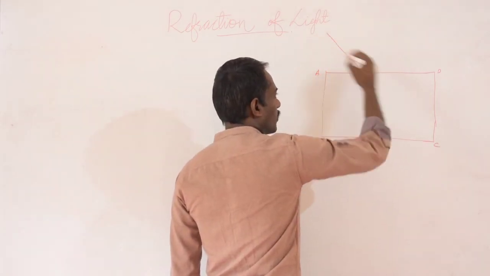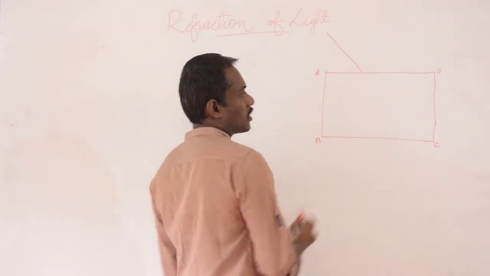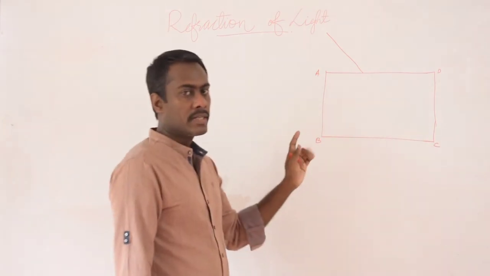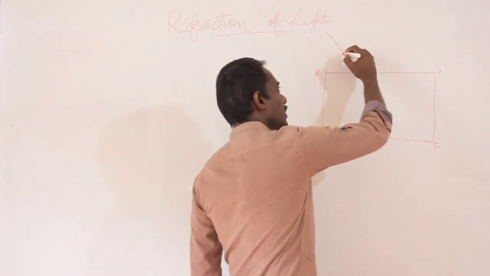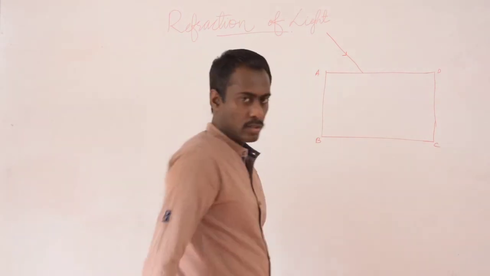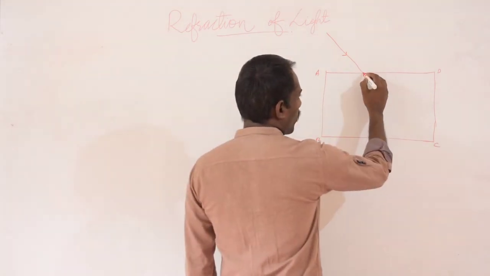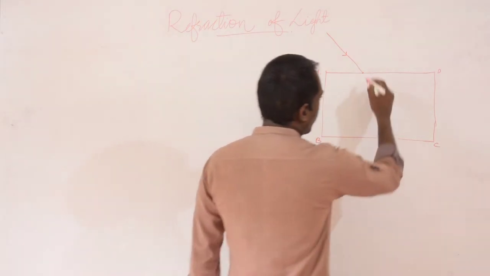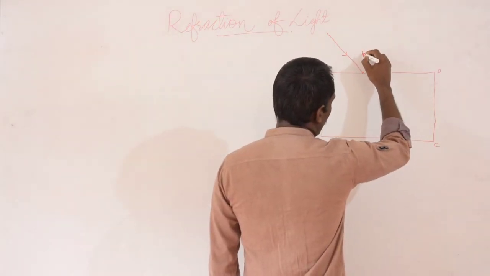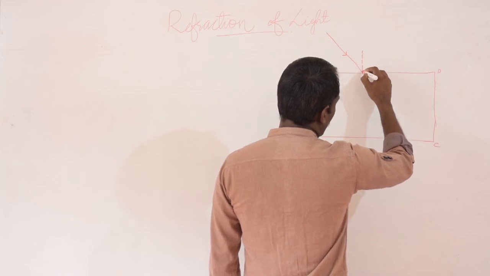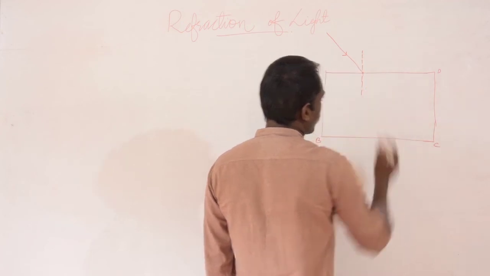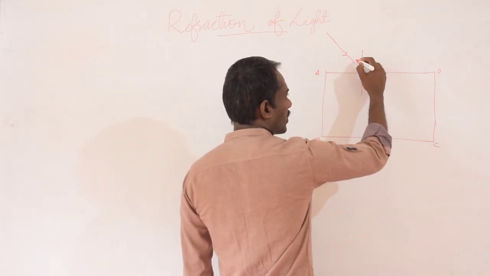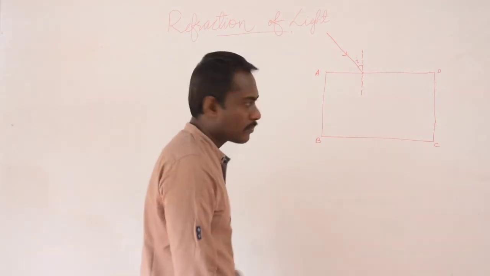As we learned in previous classes, the ray of light coming from a source is the incident ray, and this is the direction of the light. Here is the point of incidence. If you draw a normal at the point of incidence, the angle between the normal and the incident ray is the angle of incidence I.